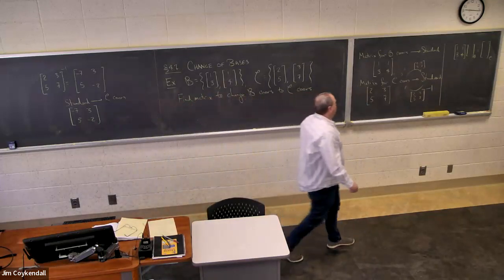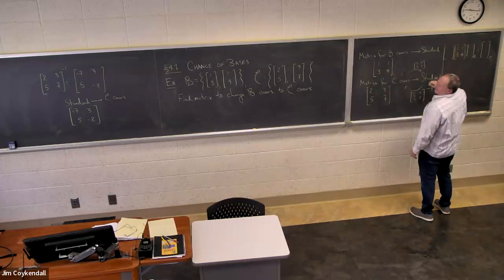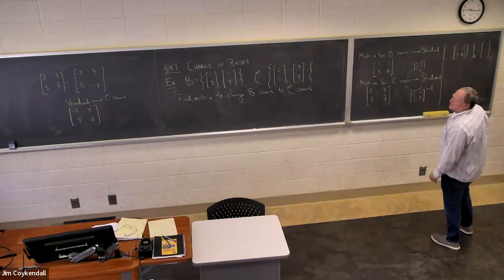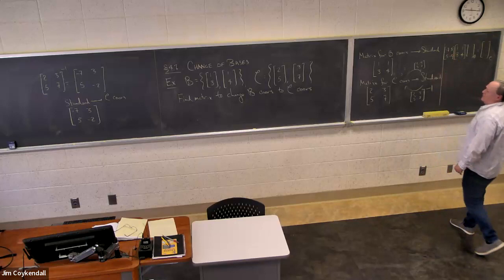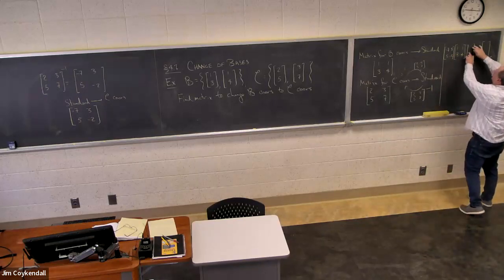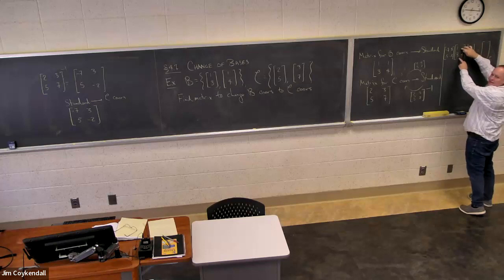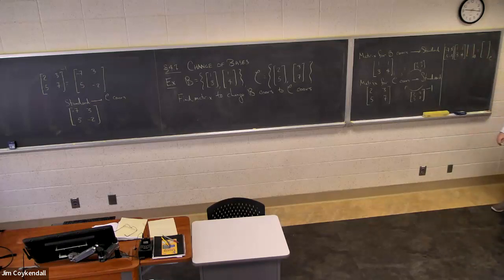Order is very important. So let's see what happens. This is -7, 3, 5, -2, I guess. So when you have your B coordinates here, first step to standard, second step to C. Everybody okay with it?